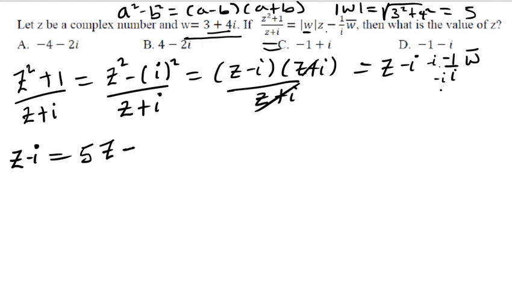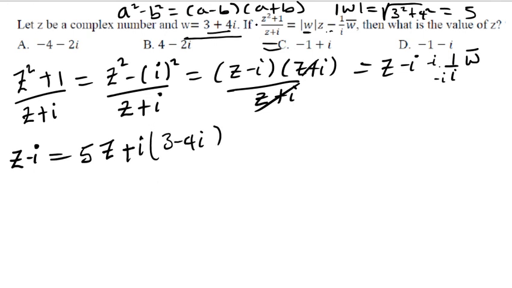Negative i times 1 is negative i, and down negative i times i will be just 1. So negative i is left, and with the negative in front that means it will be plus i times the conjugate of W, which is 3 minus 4i.